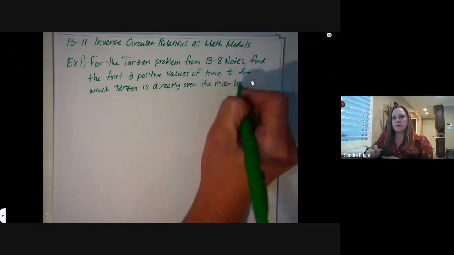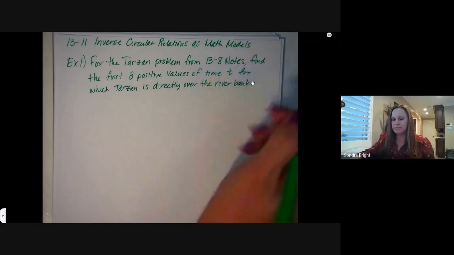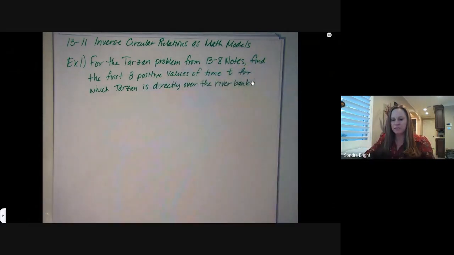So we're going to go back to the 13-8 notes. We want to find the first three positive values of time t for which Tarzan is directly over the riverbank.